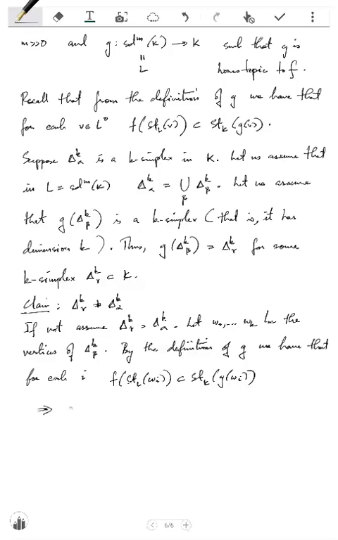So this implies f of the intersection of star of Wi is contained in the intersection of star of G of Wi.